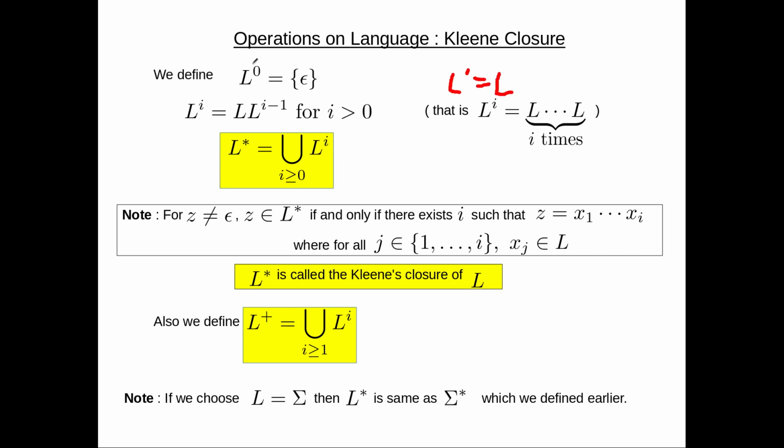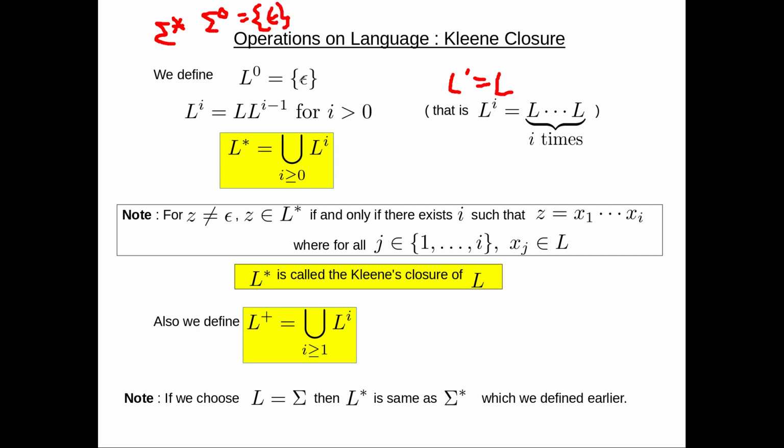Now we also define L to the 0 as this set. You remember that when we were defining sigma star, we defined sigma to the 0 as this set containing only the empty string.